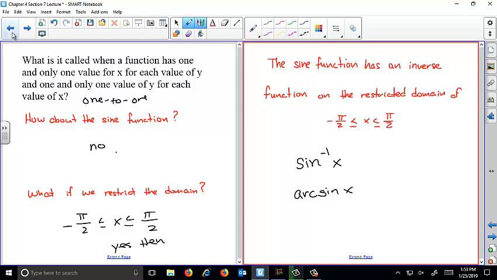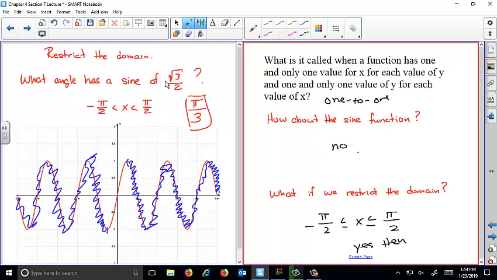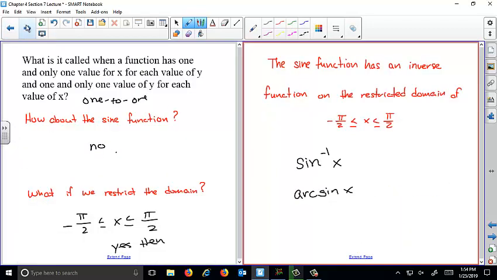So looking at this previous problem, what is the arc sine of the square root of 3 over 2? Or the inverse sine, so the inverse sine of the square root of 3 over 2 would be pi over 3.